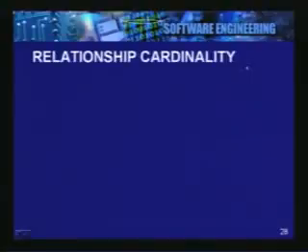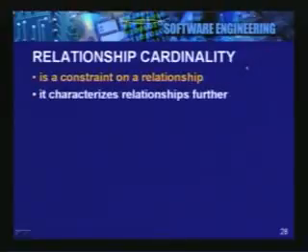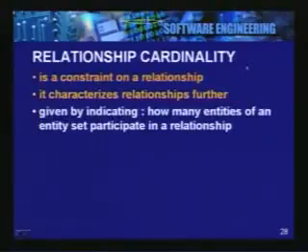We were talking about relationship cardinality as an additional constraint on a relationship. It tries to characterize the relationship more precisely by specifying how many entities of one set may relate with another entity in another set as a part of the relationship.